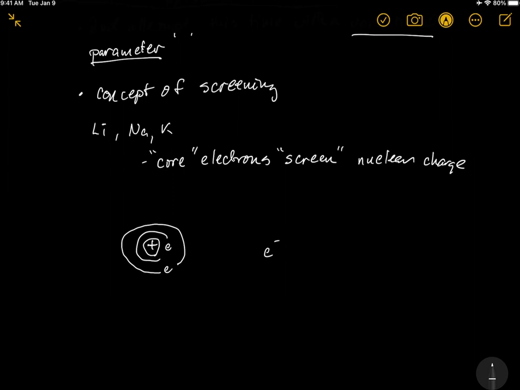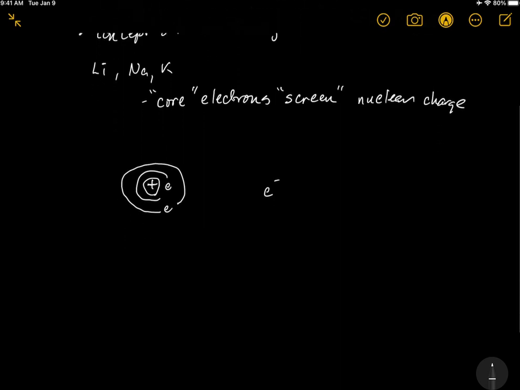You end up with an effective potential that's less than what you would expect for the bare nucleus. So there's this shielding or screening of the core nuclear charge. And this makes sense intuitively.